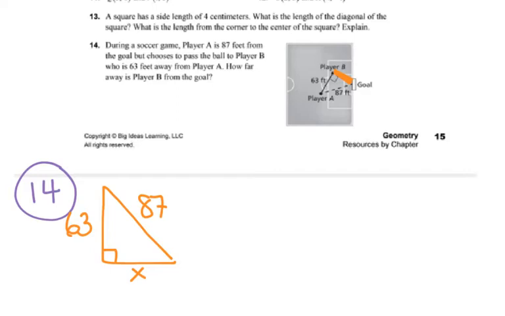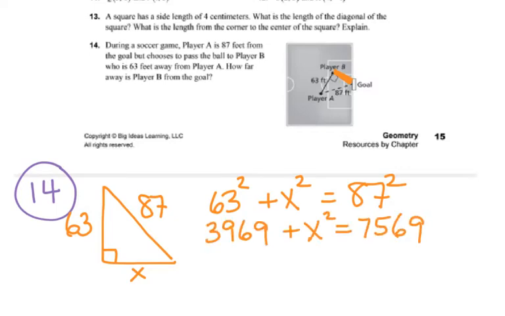It's the same thing we've been working with, the Pythagorean theorem or the distance formula. So we know that 63 squared plus x squared, these are the legs, is equal to 87 squared. We grab our calculators. We multiply our numbers.